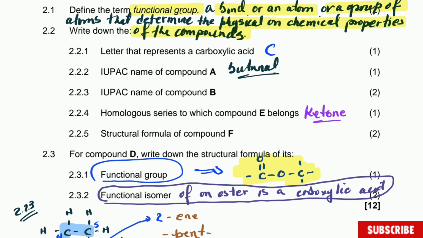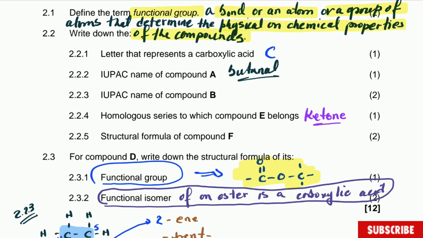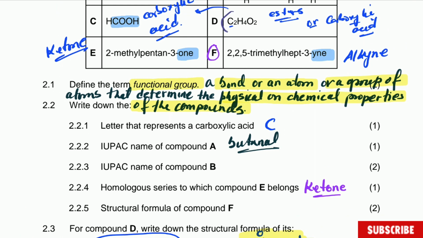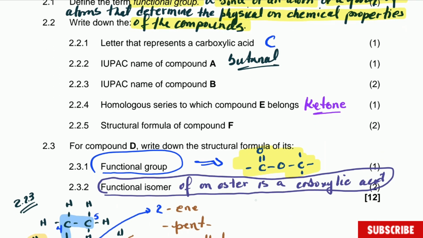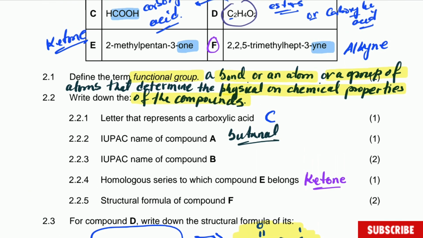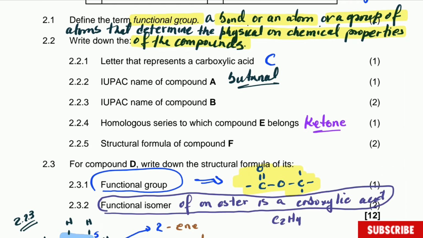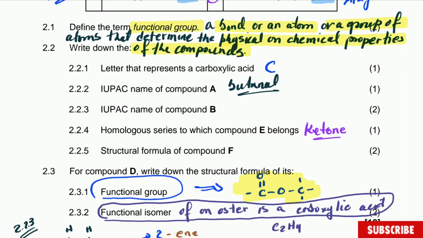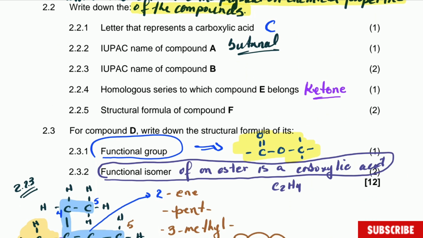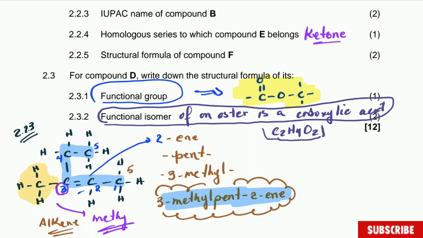So we are looking for a carboxylic acid that has the same molecular formula as here. 2 carbons, 4 hydrogens, and 2 oxygens. That is the ester that they give us. We're looking for a carboxylic acid, which is the structural formula. As you can also see, they want the structural formula, not in any other way.